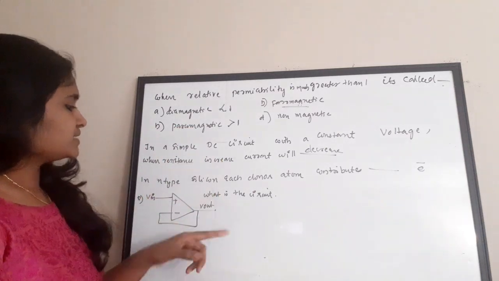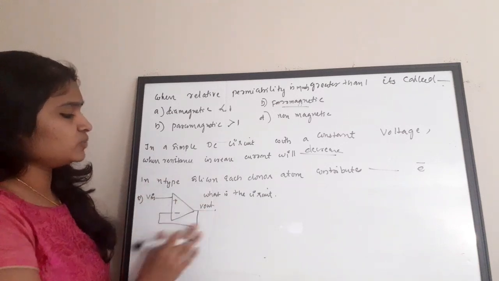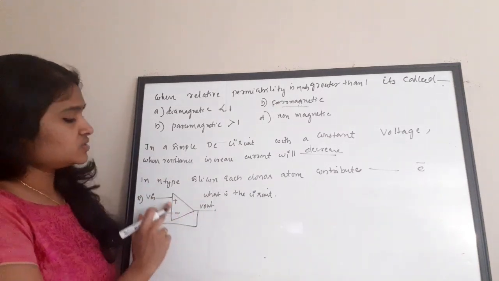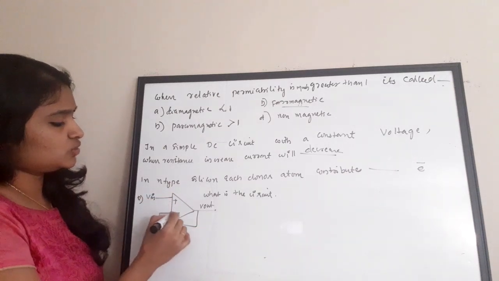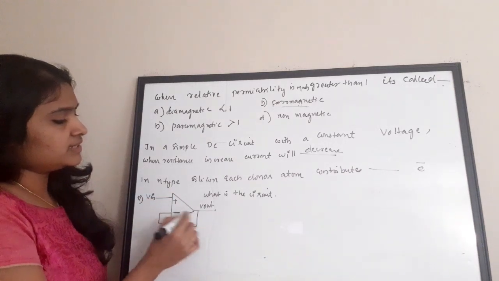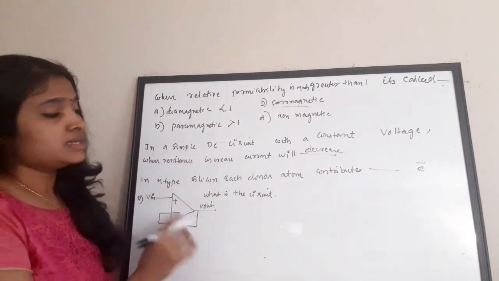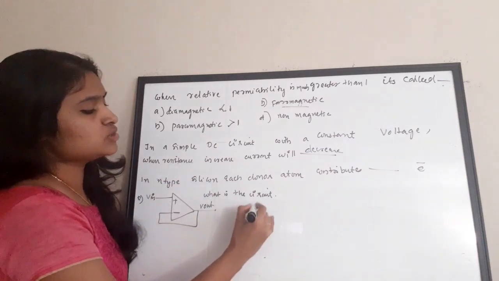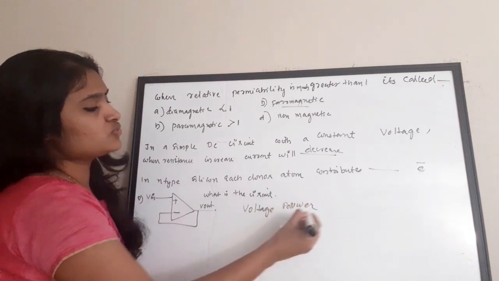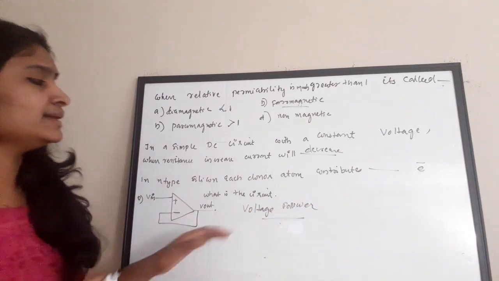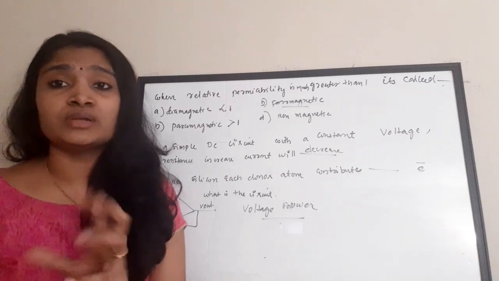Okay. Next question. We have to identify what this circuit is. Okay, so this circuit consists of an operational amplifier, and there is a feedback connected to the negative or inverting terminal from the output side. So this is nothing but a voltage follower. So what is actually a voltage follower? Voltage follower means there is no amplification of your input signal.